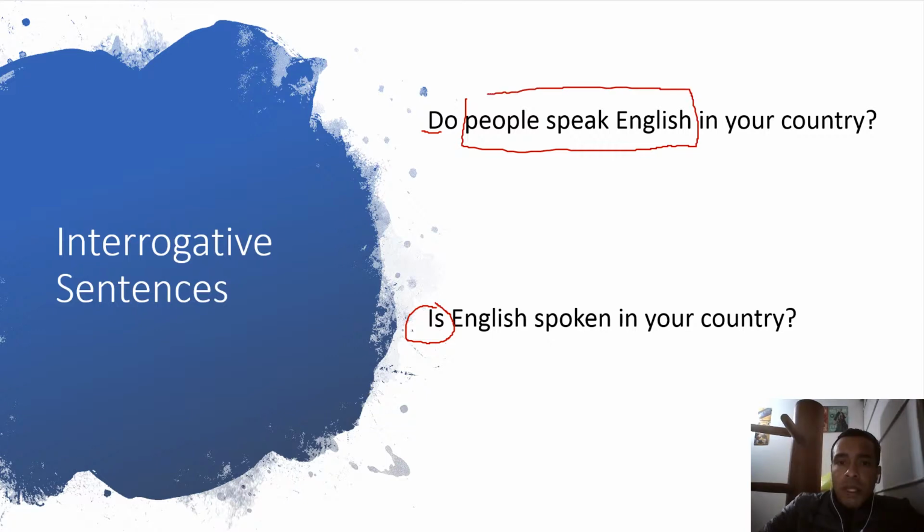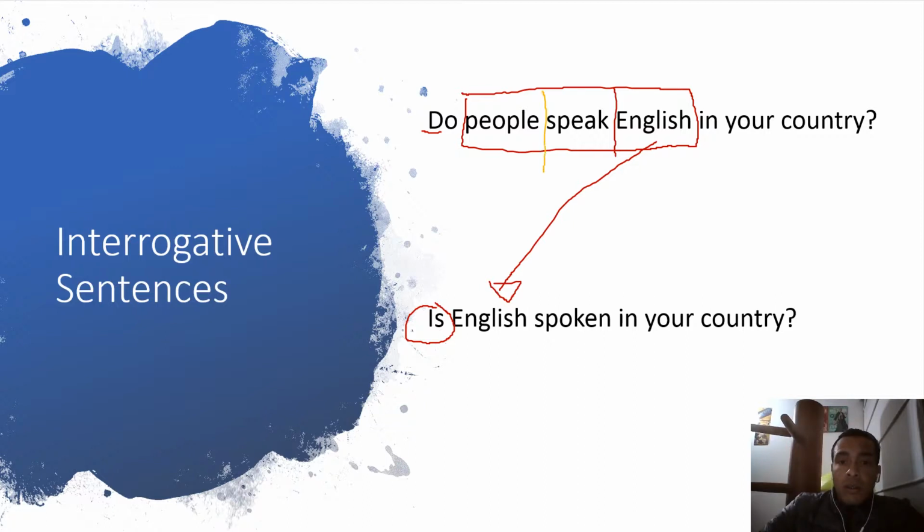So people speak English. Right now I identify the sentence in present, in affirmative. Now the object is English. So again, English at the beginning. So the object is going to be the first one. Follow after the verb in past participle. Speak, spoke, spoken.